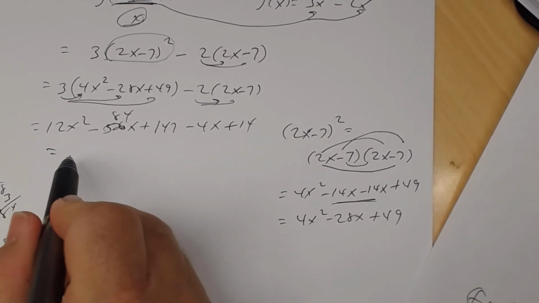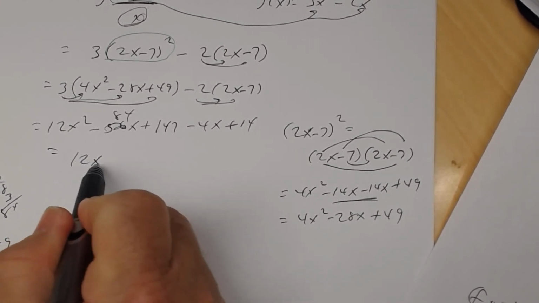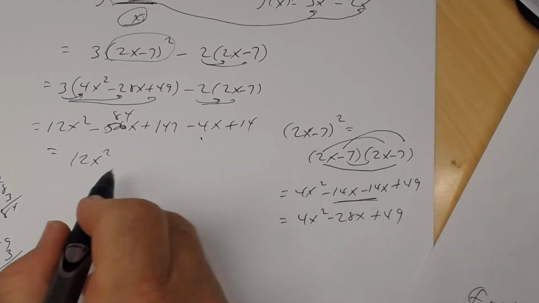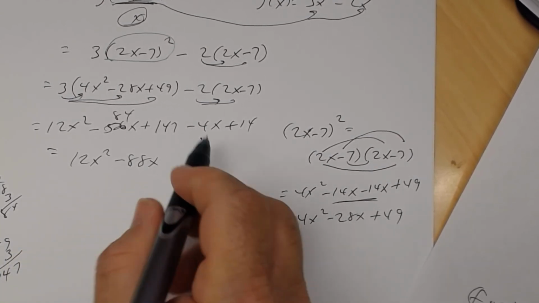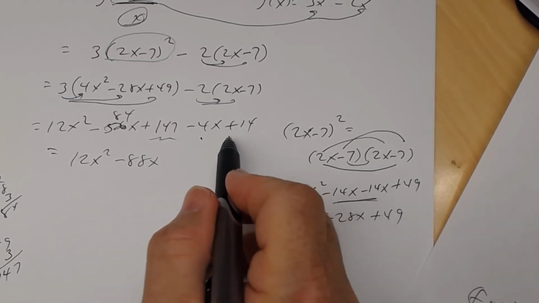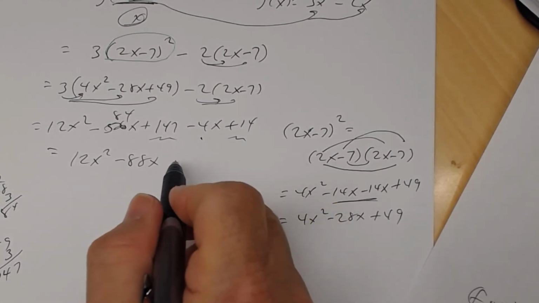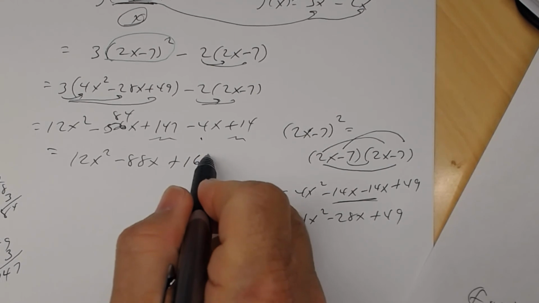Combining like terms, put in descending order, I'm going to get 12x squared. A negative 84x and a negative 4x is a negative 88x. A positive 147 and a positive 14 is a positive 161.